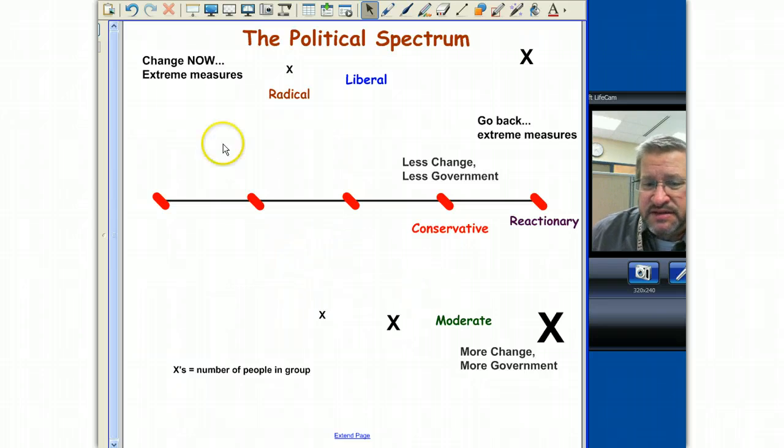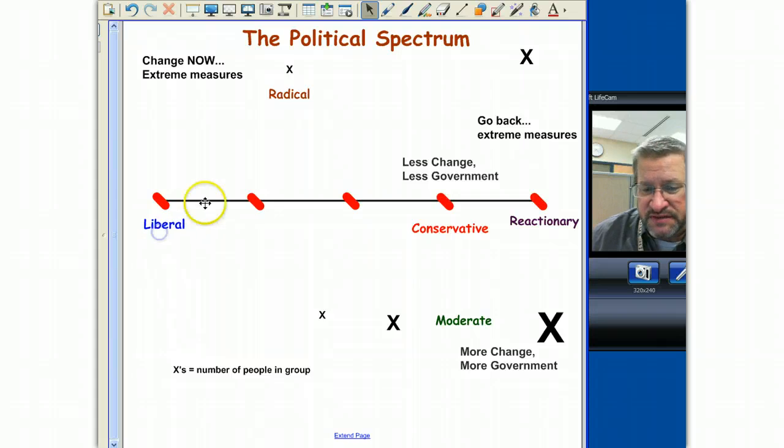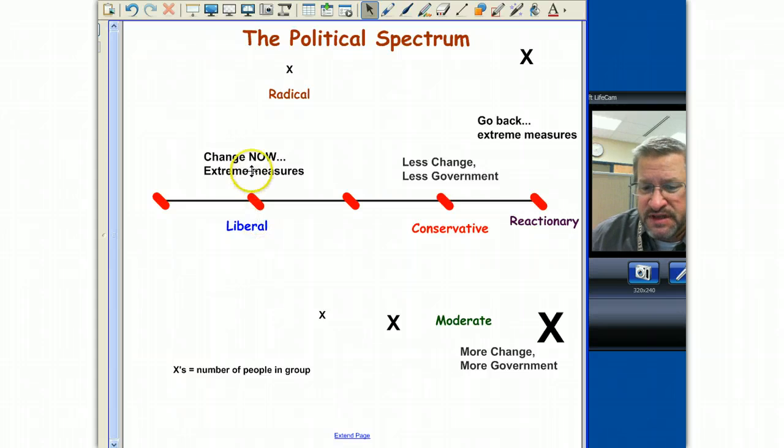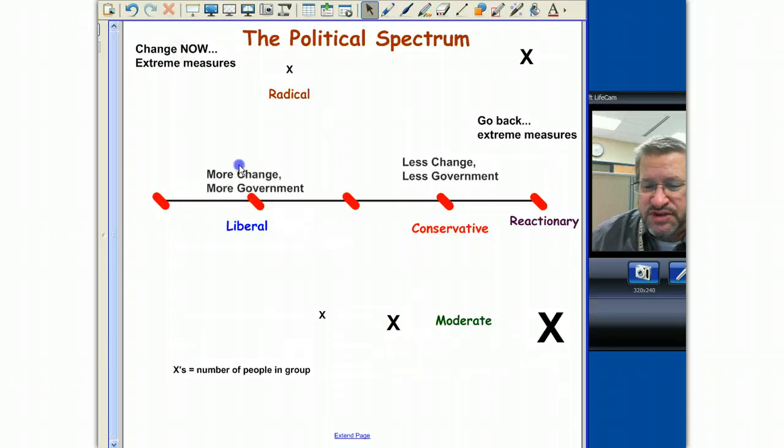In contrast, liberals are generally placed on the left side of the political spectrum. Liberals want change, and they usually want the government to assist in that change. And I grabbed the wrong one here. We want more change and more government. That goes over by the liberal side.